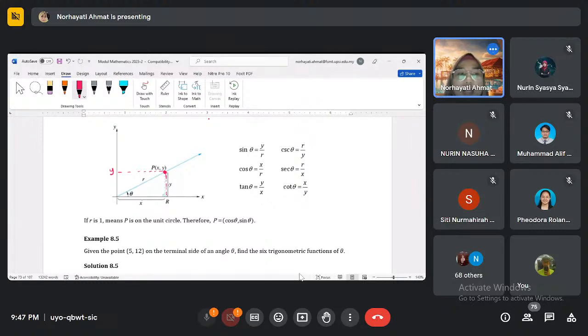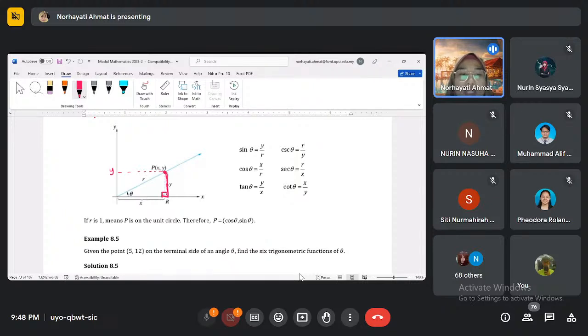We can form a right angle triangle. This is the triangle. This is theta, the angle from the x-axis to the terminal side, and the adjacent side is x.